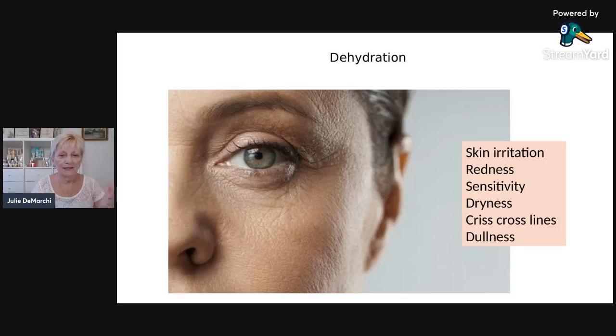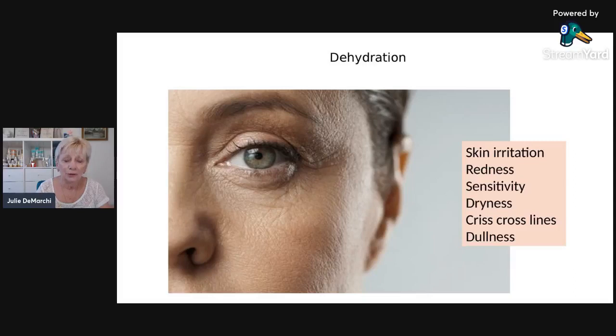So this gives you an idea. So the skin will have those little crisscross lines. You'll also notice that it might be sensitive because it's so dehydrated. It might be showing signs of redness. It could also be quite dull. So it also can lead to premature aging of the skin.